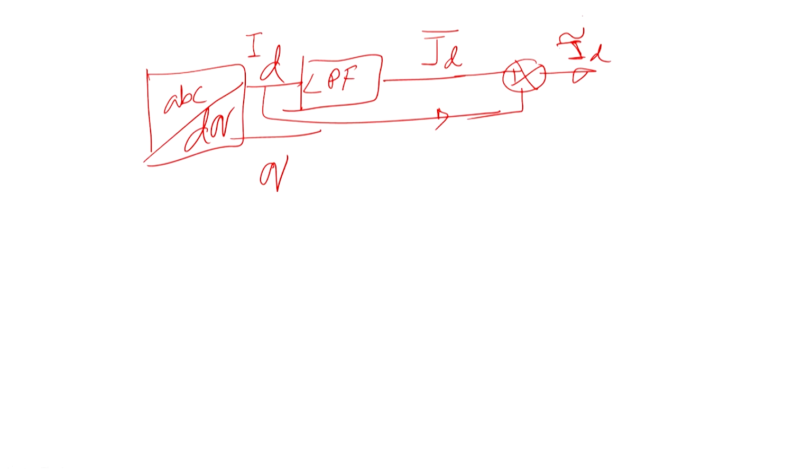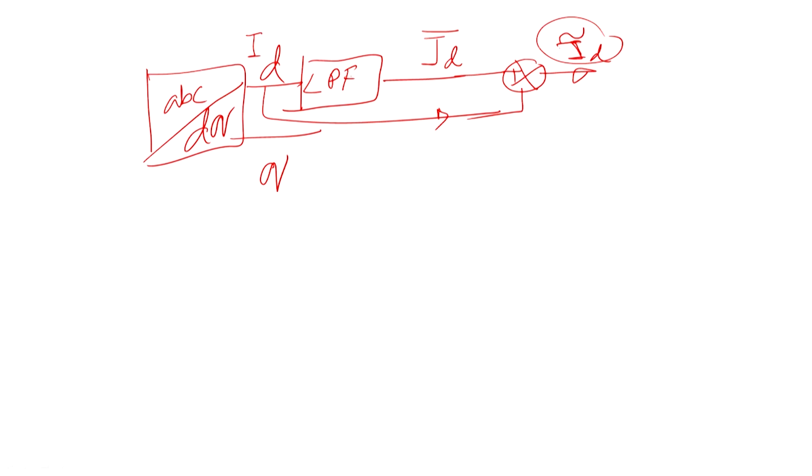Once we get the ID delta, how accurate it would be depends on the cutoff frequency of this low pass filter. Since you know that ID bar will be a DC component, you can put this cutoff frequency very low.